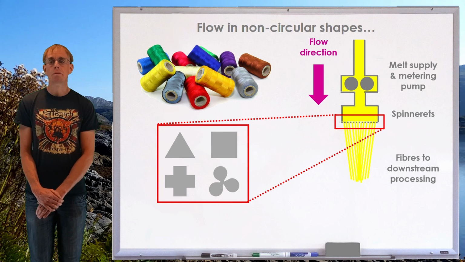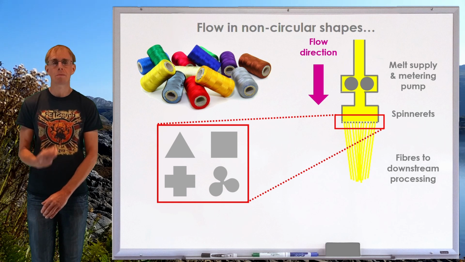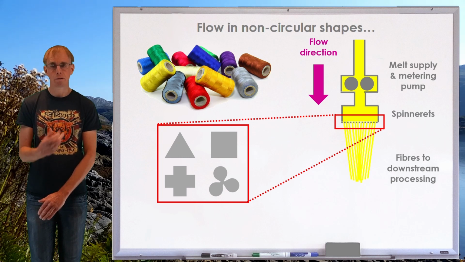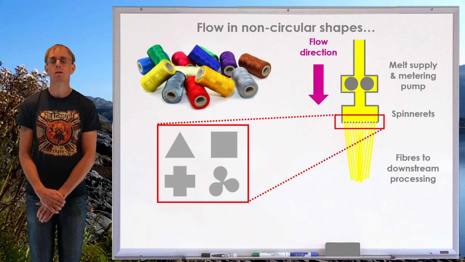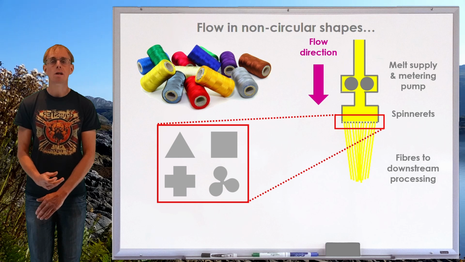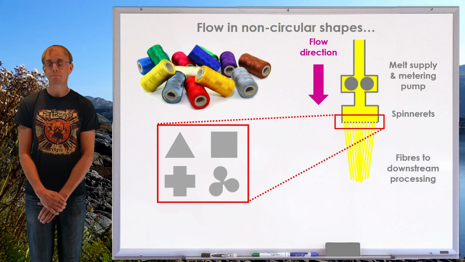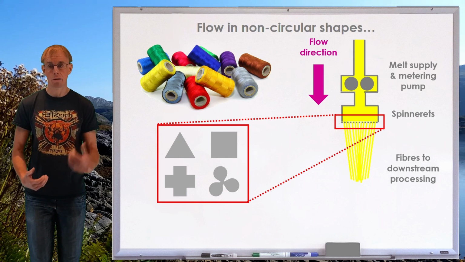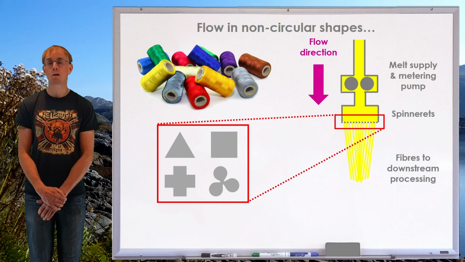So, for example, if you've got a viscoelastic polymer, it's going to swell slightly as it leaves an extrusion nozzle, and all these spinneret exits are extrusion nozzles. And so a lot of these shapes may be limiting the extent of, for example, extrudate swell. But we can see triangles, we can see squares, we can see lobed type shapes like a clover leaf.